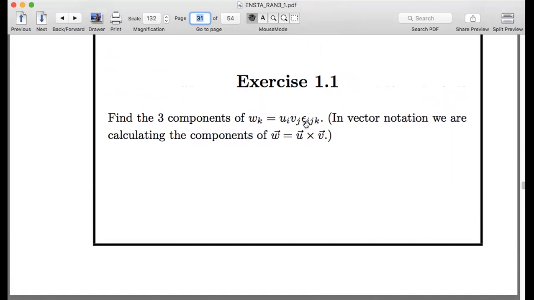So for instance, if i equals 1, and j equals 1 and k equals 1, well, then we've got 3 indices that are the same. So that would be epsilon_111. It equals 0 because at least 2 of the indices were the same.